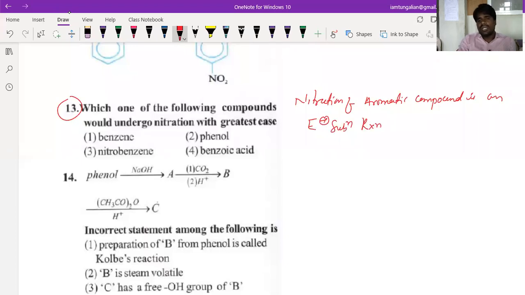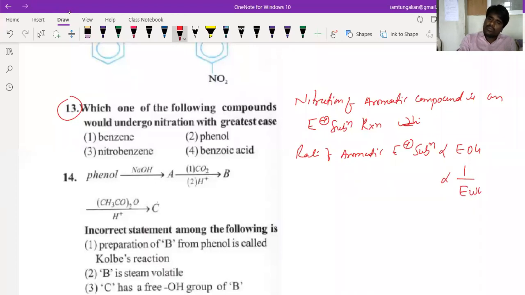The rate of aromatic electrophilic substitution is directly proportional to electron donating groups and inversely proportional to electron withdrawing groups. Here, if you look, option E is given, benzene, beta. What is your benzene? Benzene is neither donating nor withdrawing, beta. Option B is given phenol, beta.